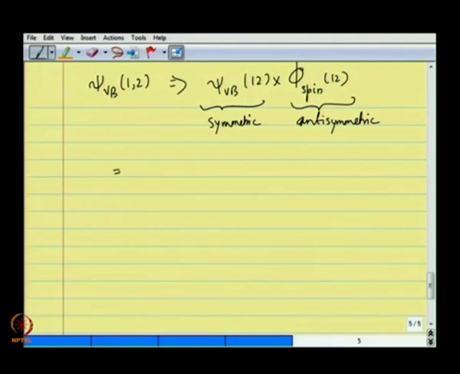Therefore the wave function that we choose must be psi Vb 1 2 multiplied by 1 by square root 2. You remember the antisymmetric spin wave function is alpha 1 beta 2 minus beta 1 alpha 2. This is a singlet state.